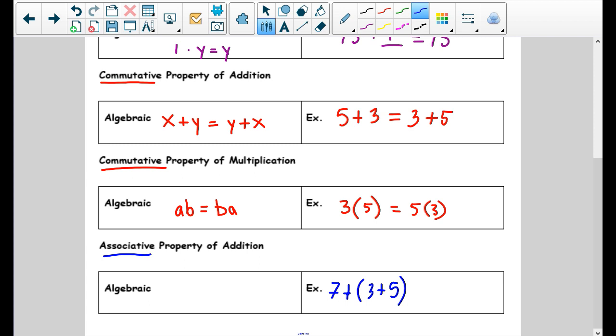When I look at this problem, 7's kind of out, right? 3 and 5 are kind of associating with each other right now. But again, because this is addition, that order doesn't really matter. I can change who I'm associating with.